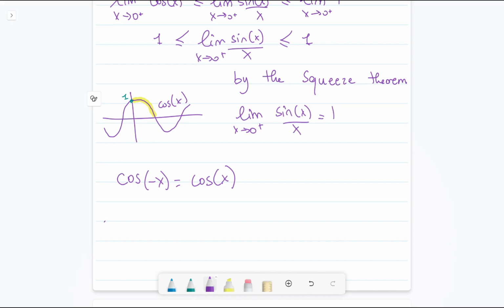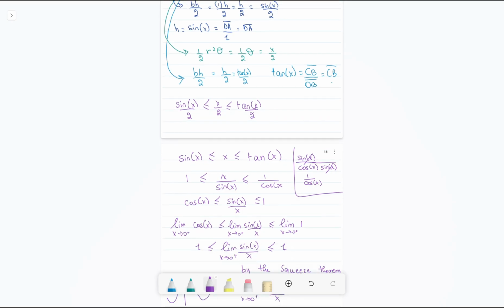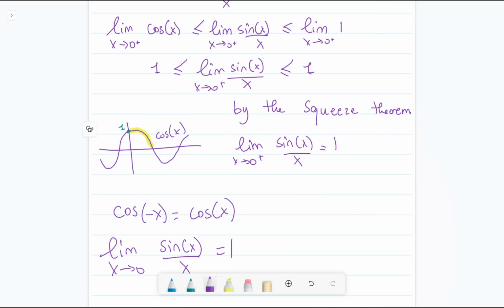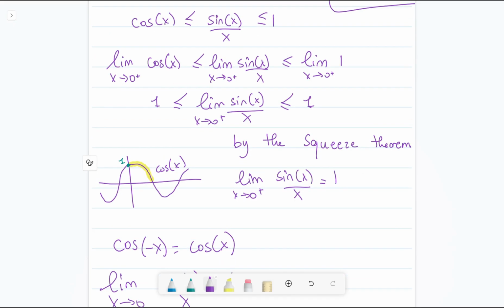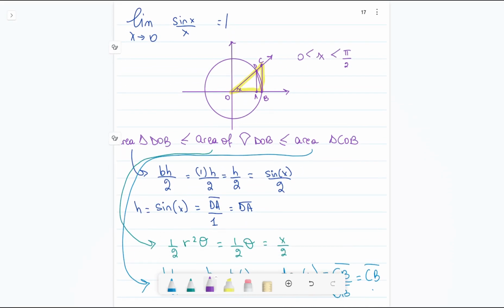Because of that, you can always conclude that the limit of sine of x divided by x as x approaches 0 is 1. Again, it is always very important to check with your professors whether you need to know how to prove it also from the left, as x approaches 0 from the left, or whether this is enough. And always check to know how much work you are supposed to show.